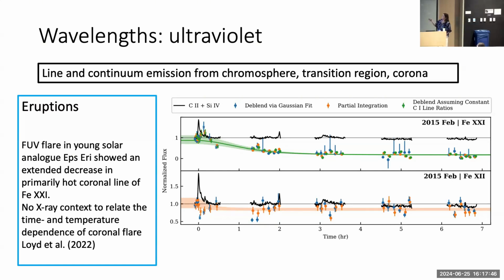The time dependence of one of the coronal forbidden lines, iron XXI, compared to iron XII, looks like it's showing some kind of dimming feature, but those are the only coronal signatures that you have access to, so you don't have the broader context of what's happening in the rest of the corona. So interesting, but still a little speculative.